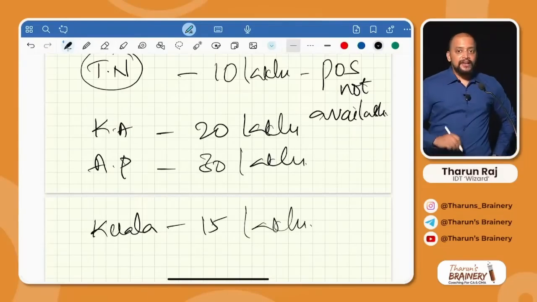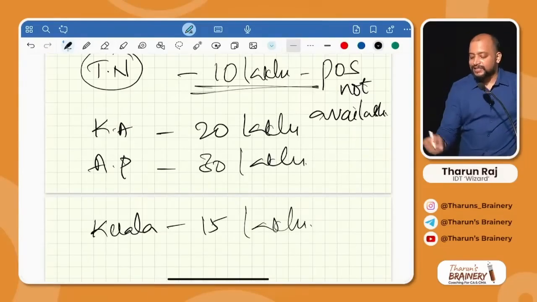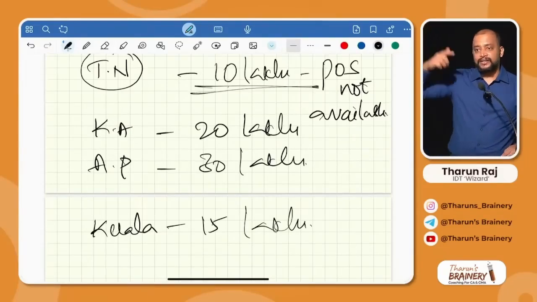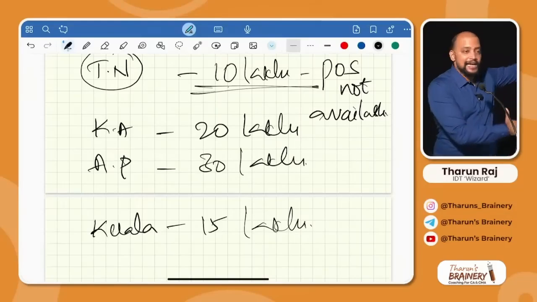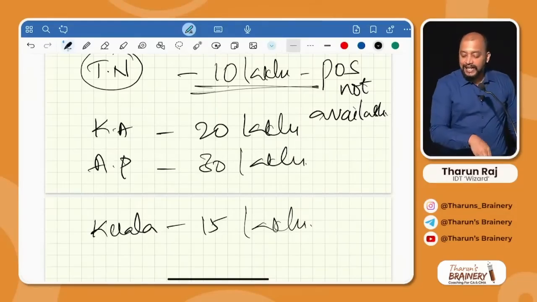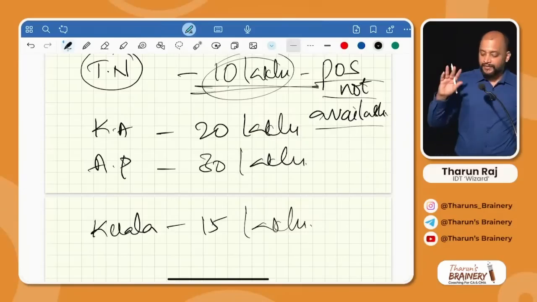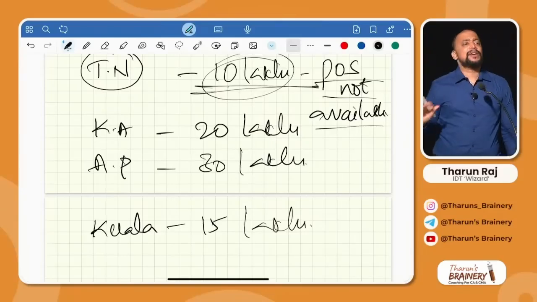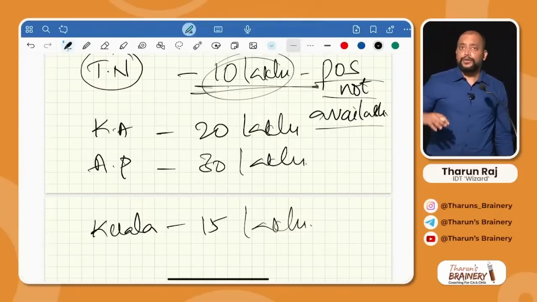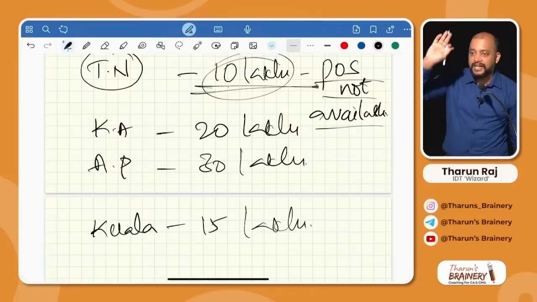Come on, tell me. First, 50% out of this 10 lakhs IGST we pay, right? This is my sales. 10 lakhs of sales, place of supply is not ascertainable. So what should I do? First, I will pay IGST. Am I right? Then what will the central government do? Out of that IGST, 50% they will keep.